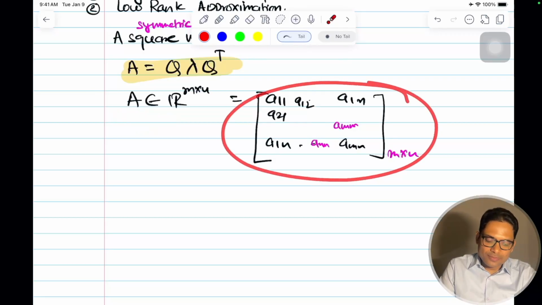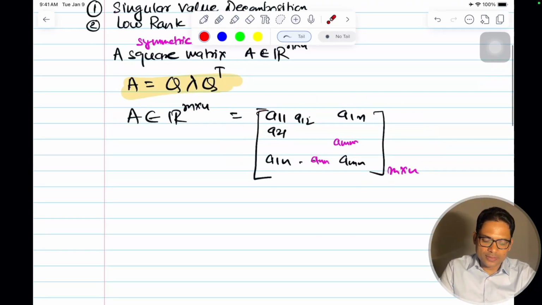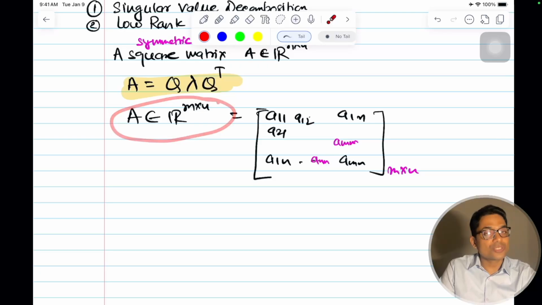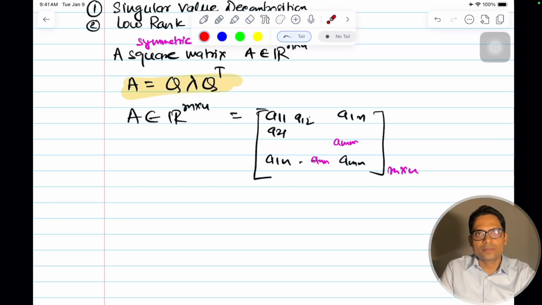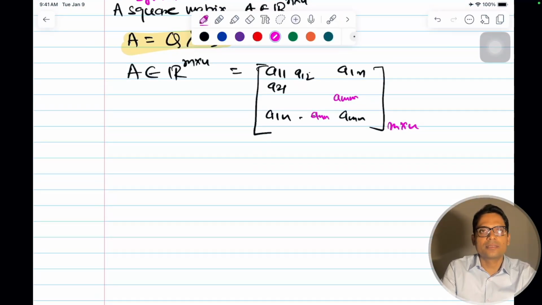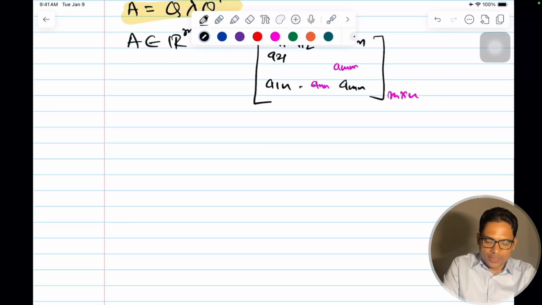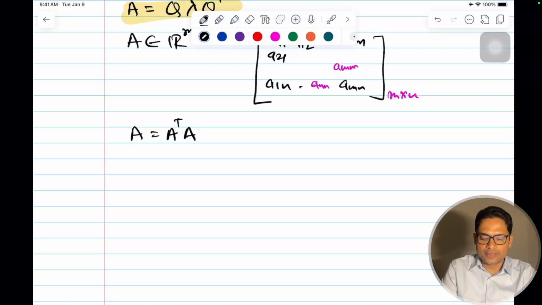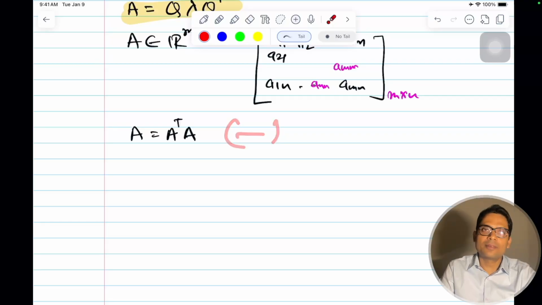So is there some way that we can convert a non-square, or rectangular, matrix into a square matrix? Yes, there is a way. We studied that in our principal component analysis video, and I'll put the link of that also in the description. Say there is a matrix A, then its covariance matrix is A transpose A. This will become a symmetric matrix.